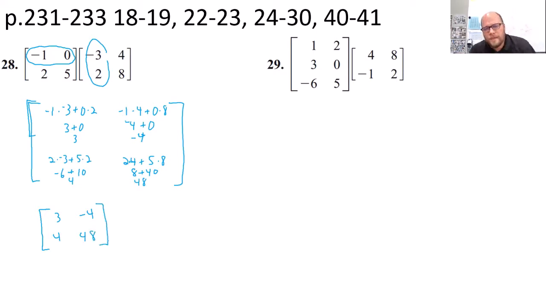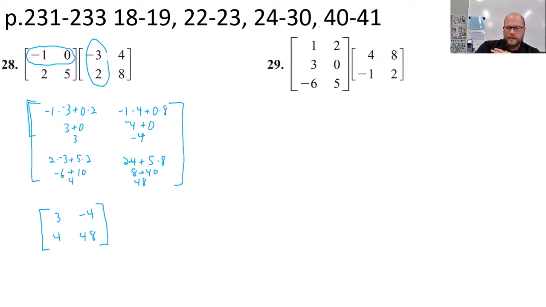All right. The next one, it's not the same size. So here we have a 3 by 2. This is a 2 by 2. In order to multiply matrices, the number of columns in the first one has to match the number of rows in the second one.